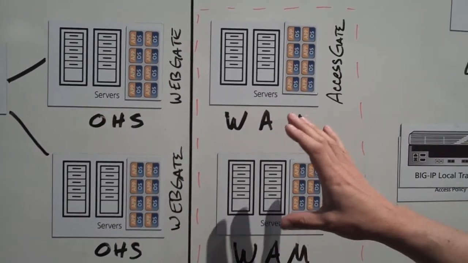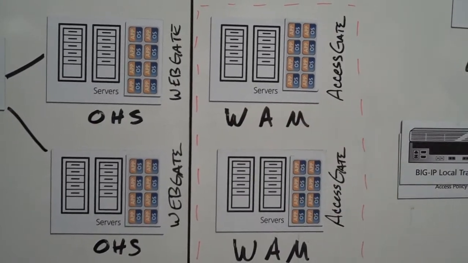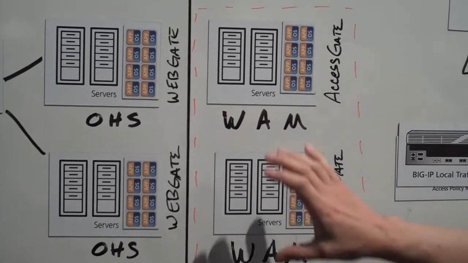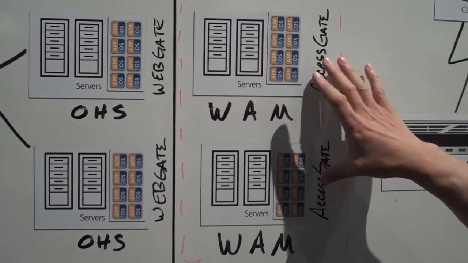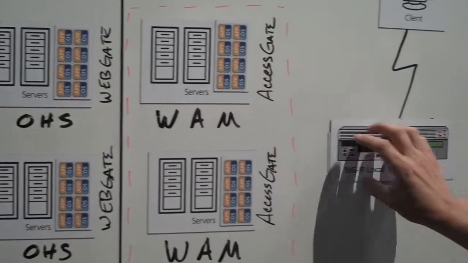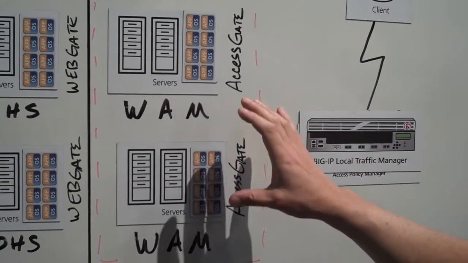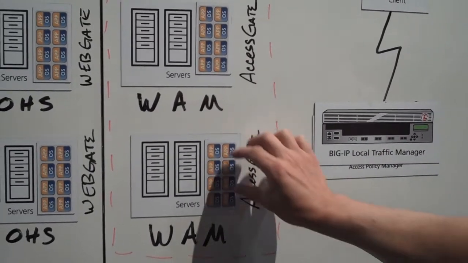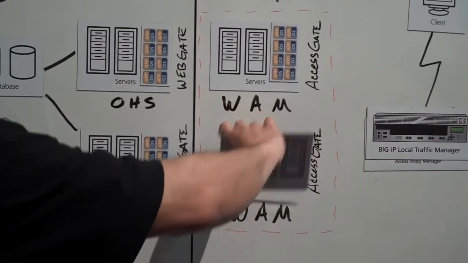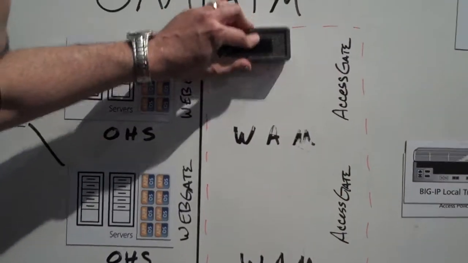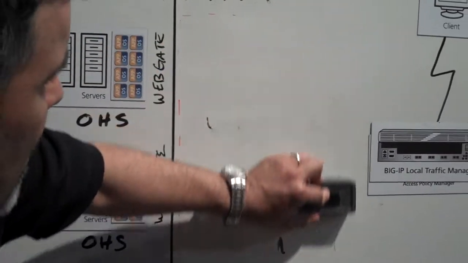So what F5 and Oracle have partnered together to do is to move this Access Gate software onto the BIG-IP platform. We're going to show you what it looks like after our integrated solution. So all this is here. Now all of this goes away. You can remove that entire tier.